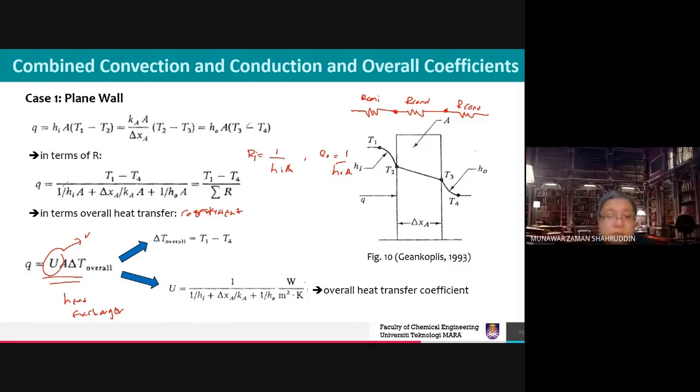So just use this equation, unless the question requires you to do it this way, then you have to. It's just to take out A, and it happens to be the same A, so taking it out is no problem. It becomes just U, so no problem. Finally you multiply by A outside to get Q.